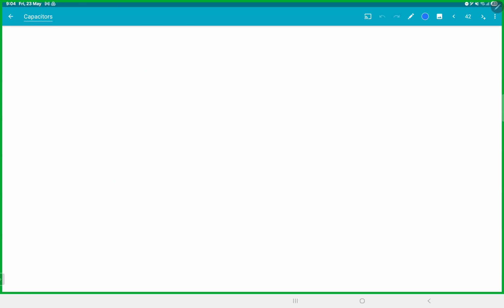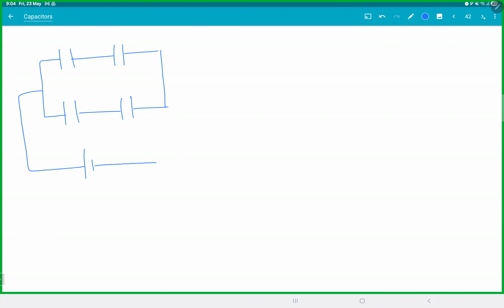Did you guys get the first part? C, 2C, 2C, C. You can clearly see these two are in series and parallel. 2C by 3, 2C by 3. So C equivalent is 4C by 3.